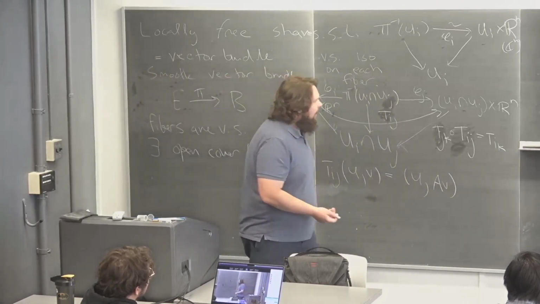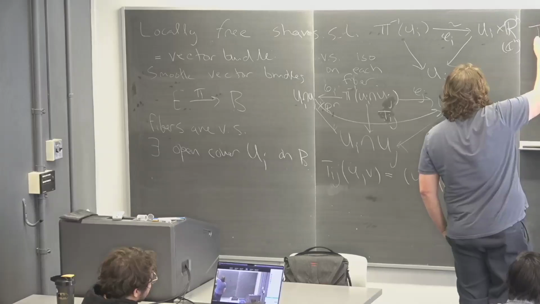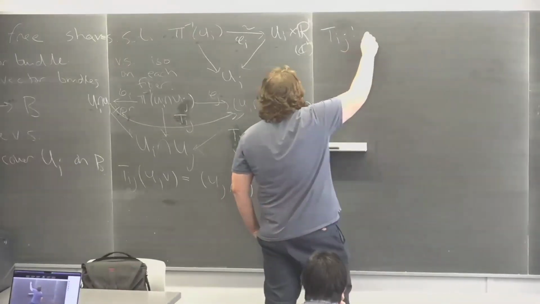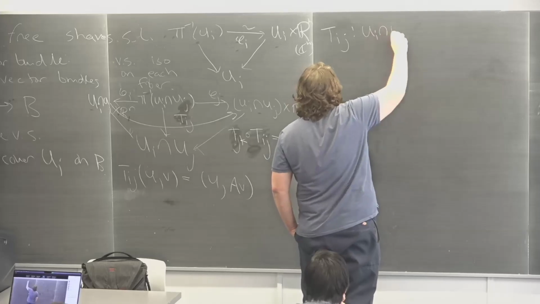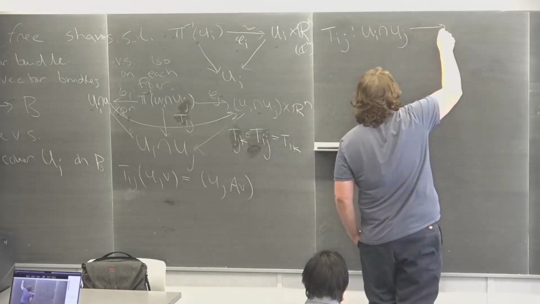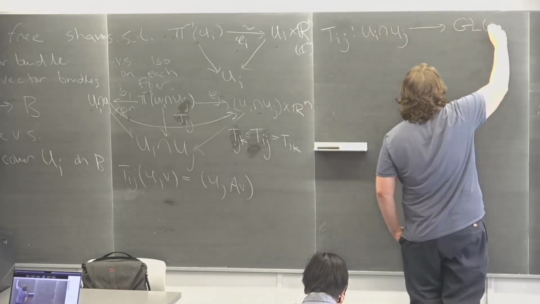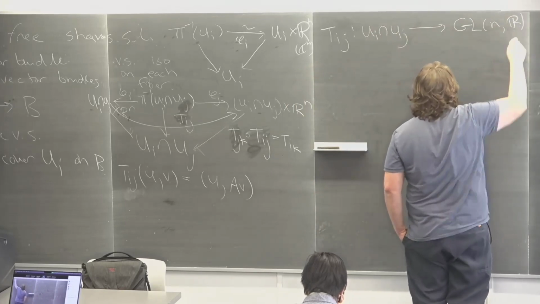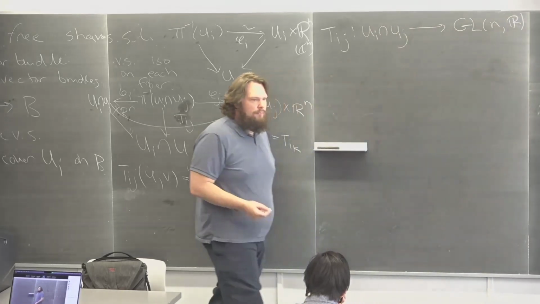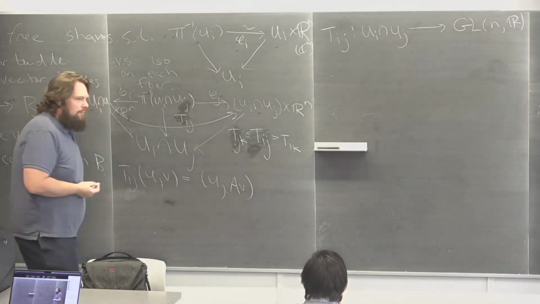So people often think of this really as being a map from U_i intersect U_j into GL_n.